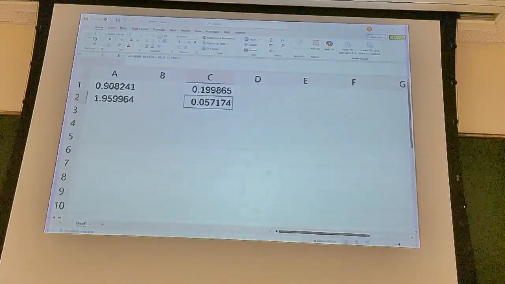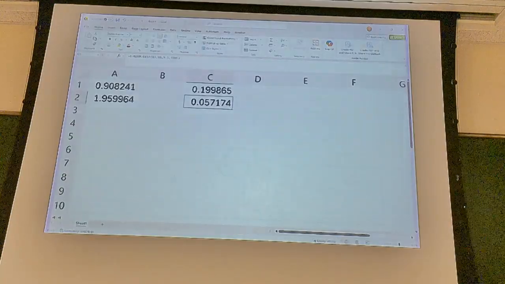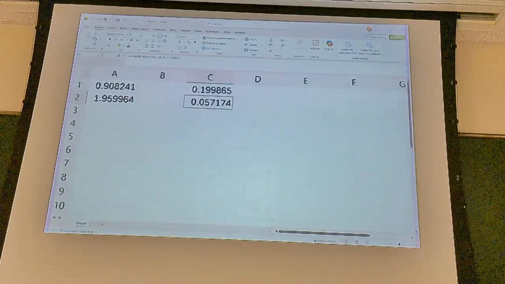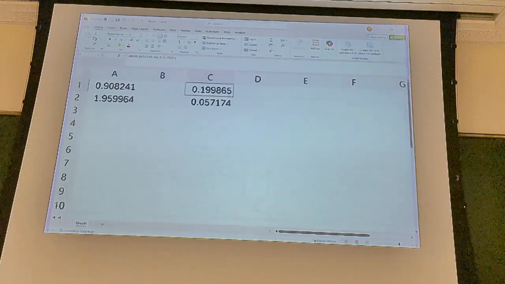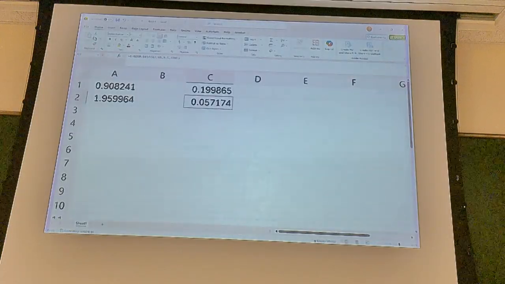Which is not what's in here, so I'm assuming my notes must be wrong. That's okay.